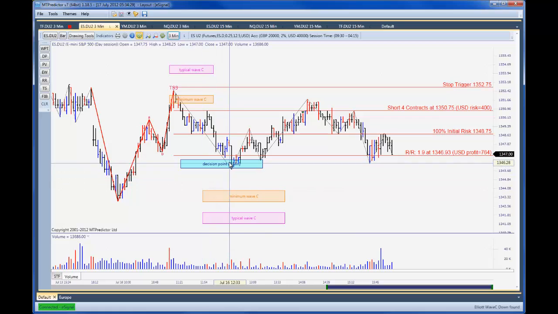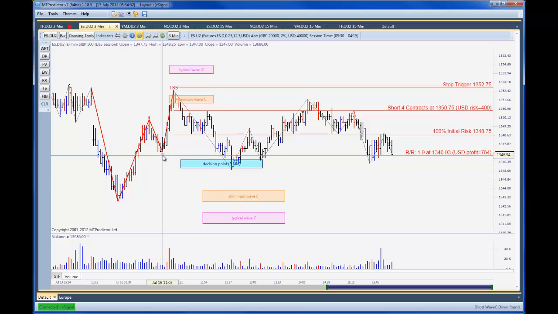The idea being is that if this was selling, the market would have carried on down and hit our first target. However, because it's not selling, it was buying, we look to protect our profit and lock in a small 1.9R profit. But the tip that I was actually looking at yesterday was this tends to unfold at the decision point from the wave below.